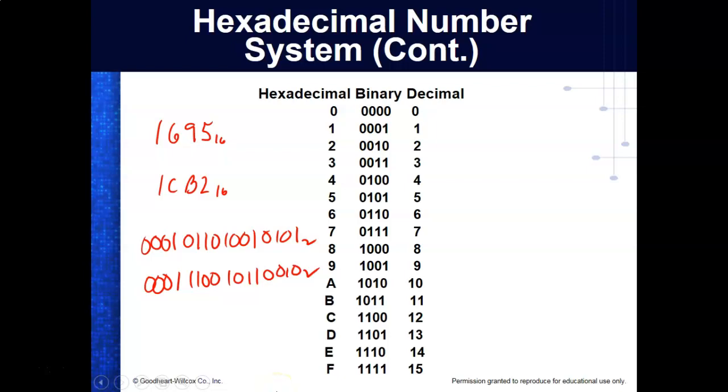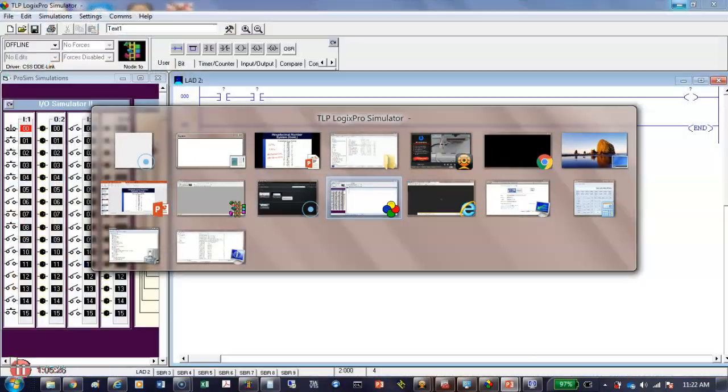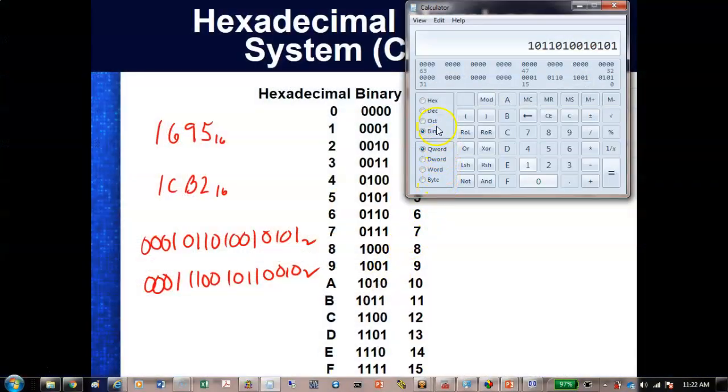I'm going to let my calculator do it for me. So I'm going to put it in hex, 1CB2, and I'm going to convert that over to binary. So you drop these three zeros: 1 1 1 0 0 1 0 1 1 0 0 1 0.